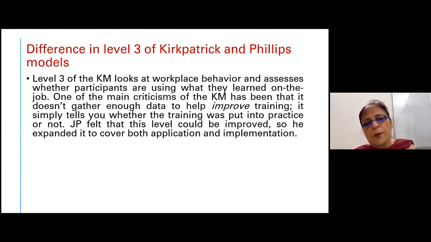And actually people were criticizing the Kirkpatrick model, saying you can't get enough data which tells you that training has improved the work performance, and it simply tells you whether the training was put into practice or not. But Jack Phillips felt that this level could be improved, so he expanded it to cover both application and implementation.